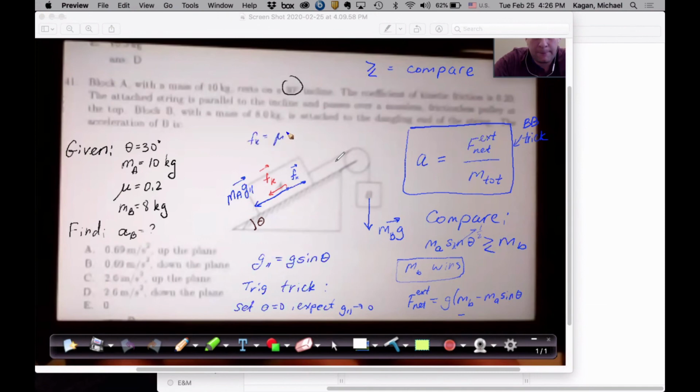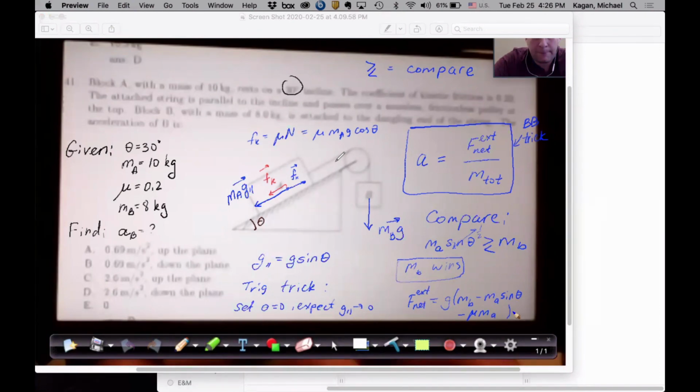It's mu N, which is mu MA g cos theta. You folks remember this combo for the normal force? Okay, so you got mu MA g. G is no longer in sight. No G.